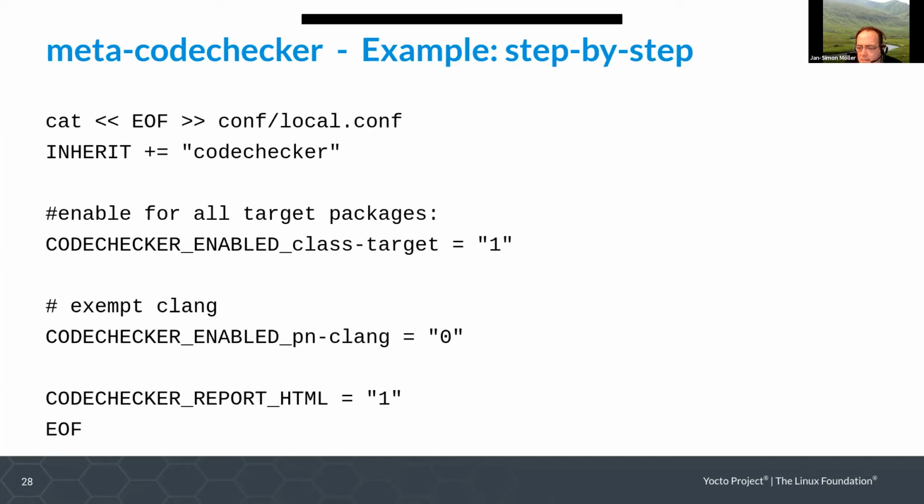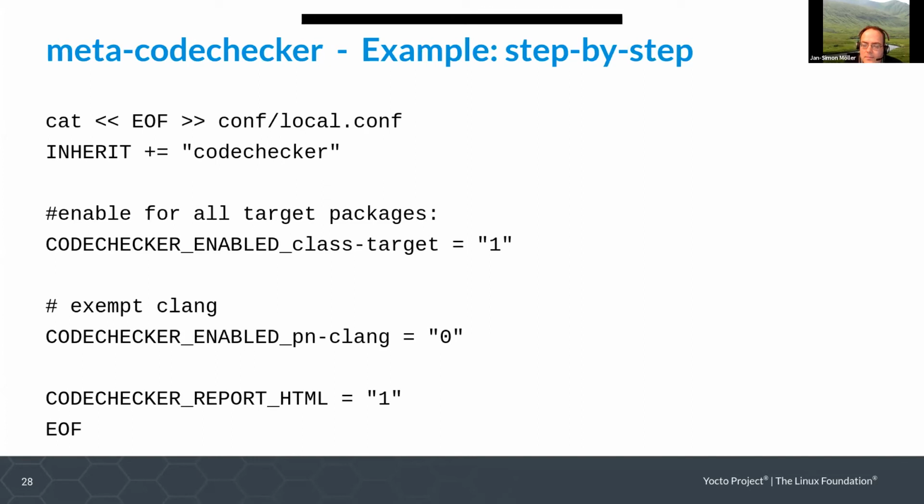I can also exempt certain packages. I think I built Clang on the thing, it did not work, so I exempted that. Okay, fine. And in the end, I produced the HTML reports so I can browse through them.